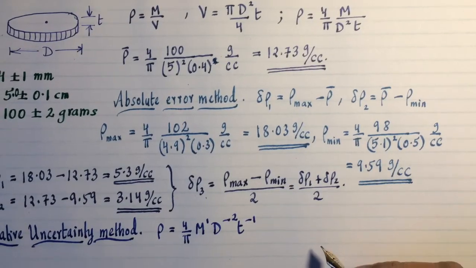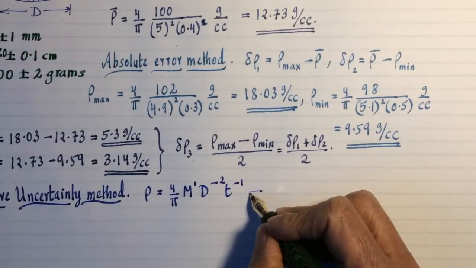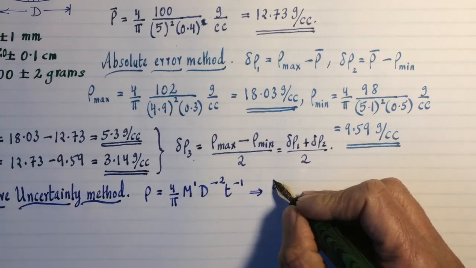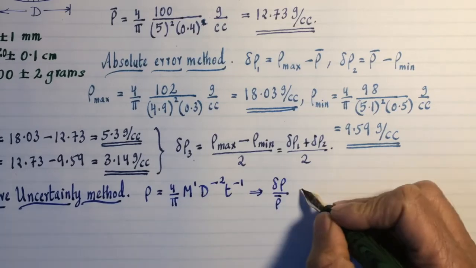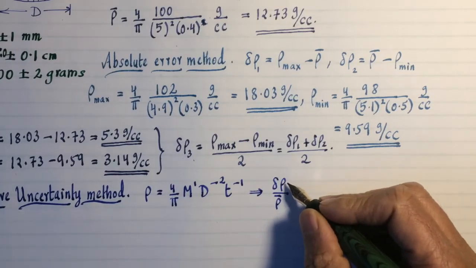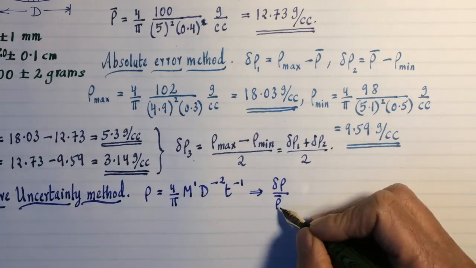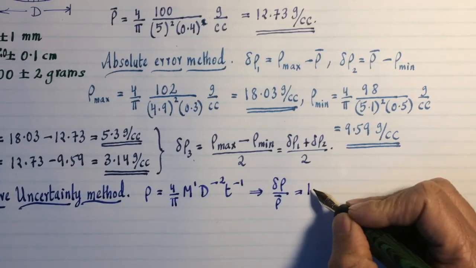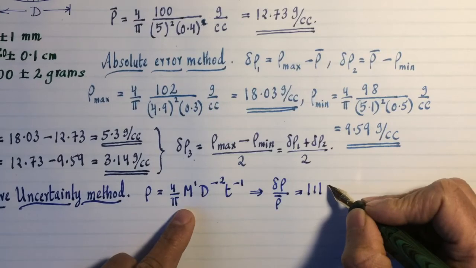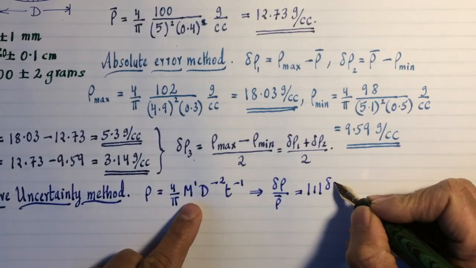The formula for relative uncertainty can be used, and that formula is the fractional change in the density, that is the error in the density divided by the average density, is given by the absolute value of the powers to which each of these factors is raised.